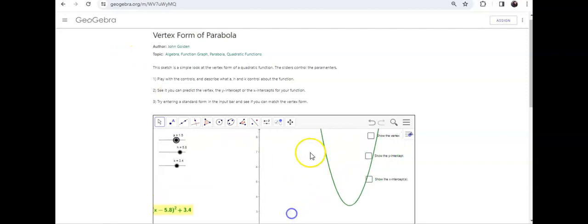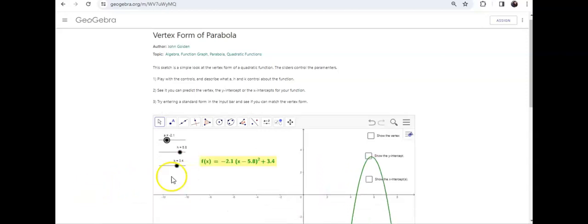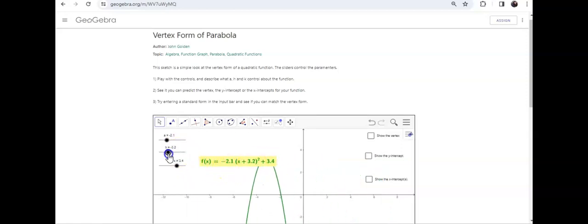If a is less than 0, meaning a is negative, then the parabola opens downward. In the vertex form of the quadratic function, the values of a, h, and k change. Let's remove the sliders of a, h, and k.